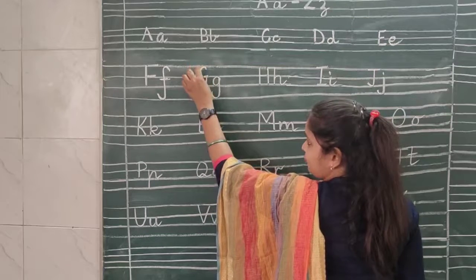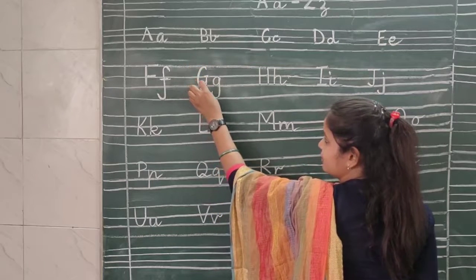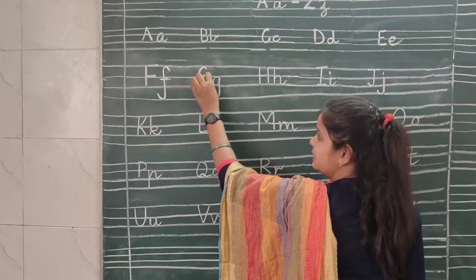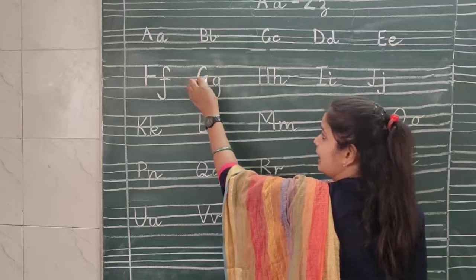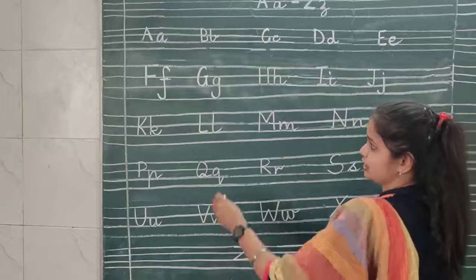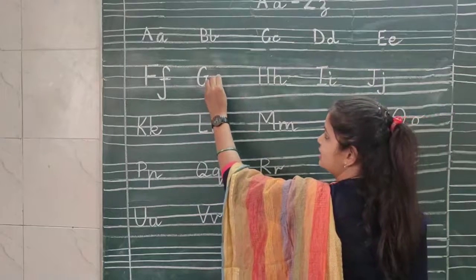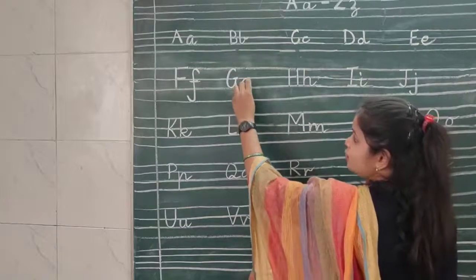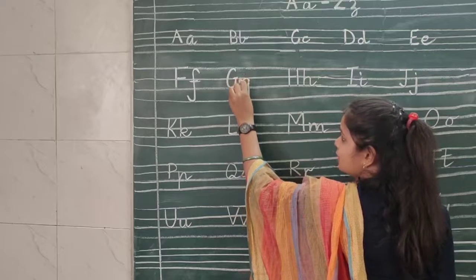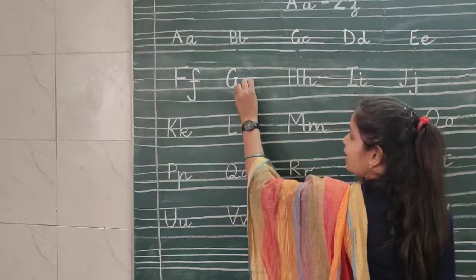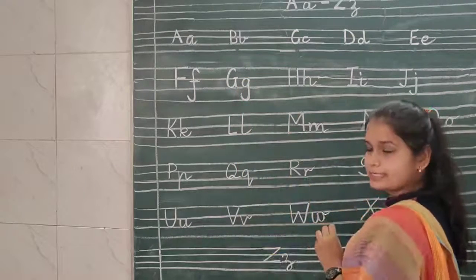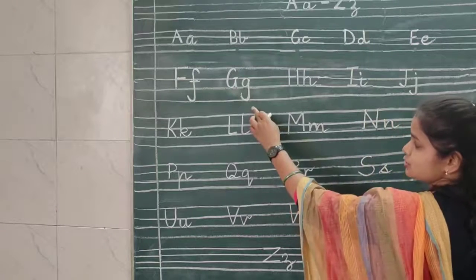We will form a curve from the first line, then go up to the second line, then again back and a cut. This is capital G. Then coming to small g, round children, we will start from the middle line, a small curve, round, then down and a small backward kick. Is that clear? So this is small g.